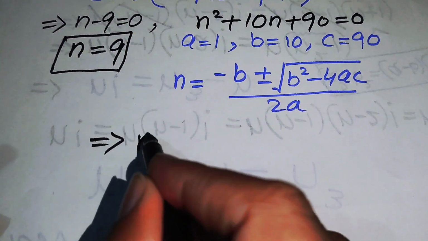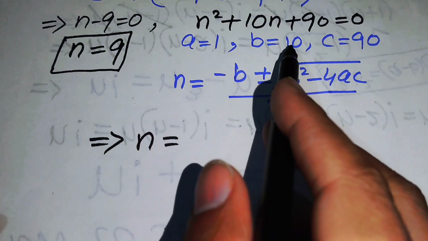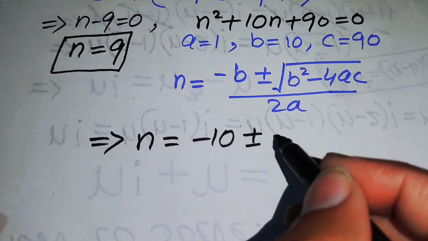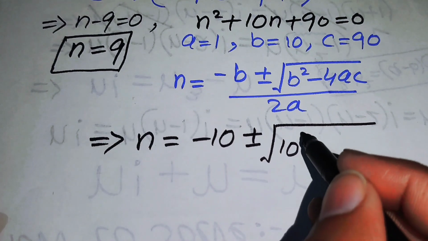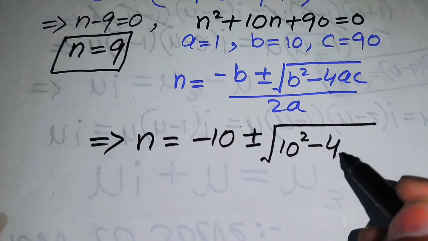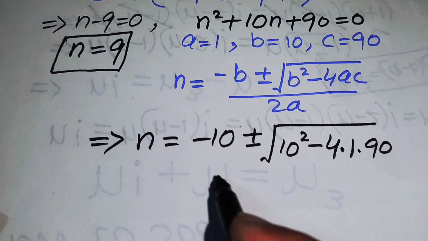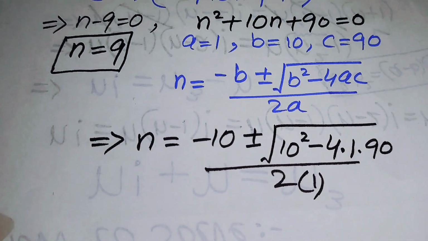Here we get n equals minus b, and the value of b is 10, so it becomes minus 10 plus minus square root of b squared. So our b is 10 squared minus 4 times a is 1 and c is 90, and this whole over 2 times a, and a is 1.